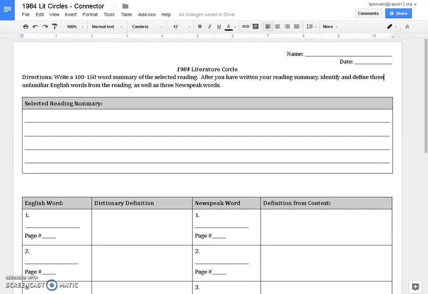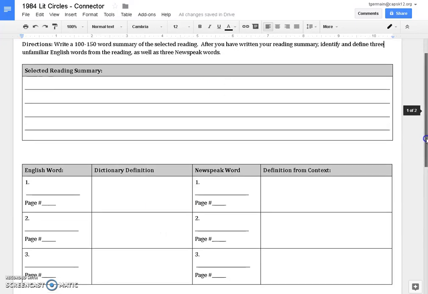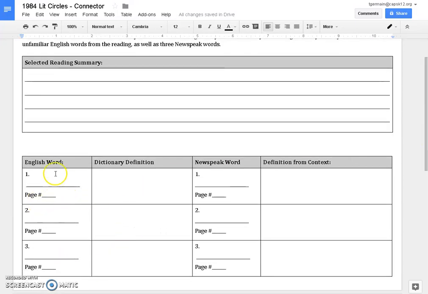All right. So the first thing that you should know is that every single person is first going to be responsible for what you're looking at right now, which is the front page of your lit circle sheet. Every single person is going to do a summary of the reading and 3 vocabulary words. These are English words that you are unfamiliar with, the page numbers that they come from, and the dictionary definition for those.